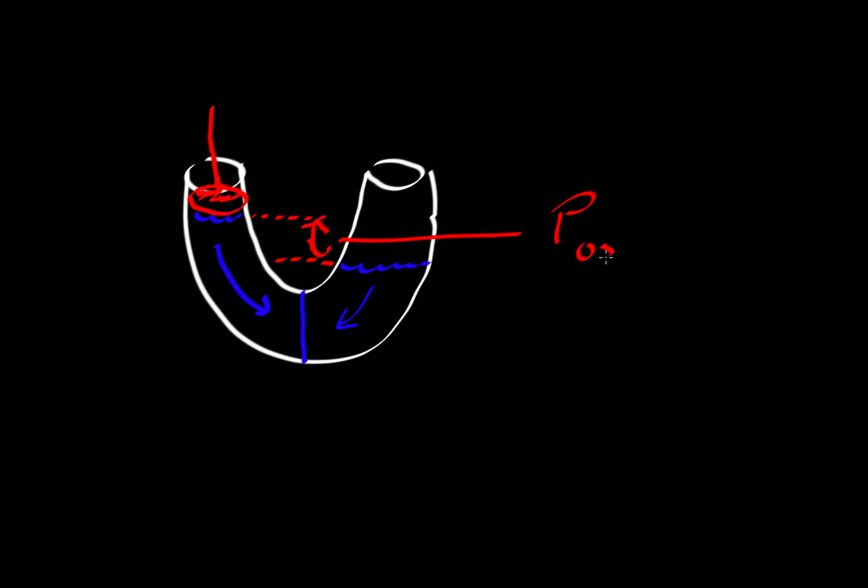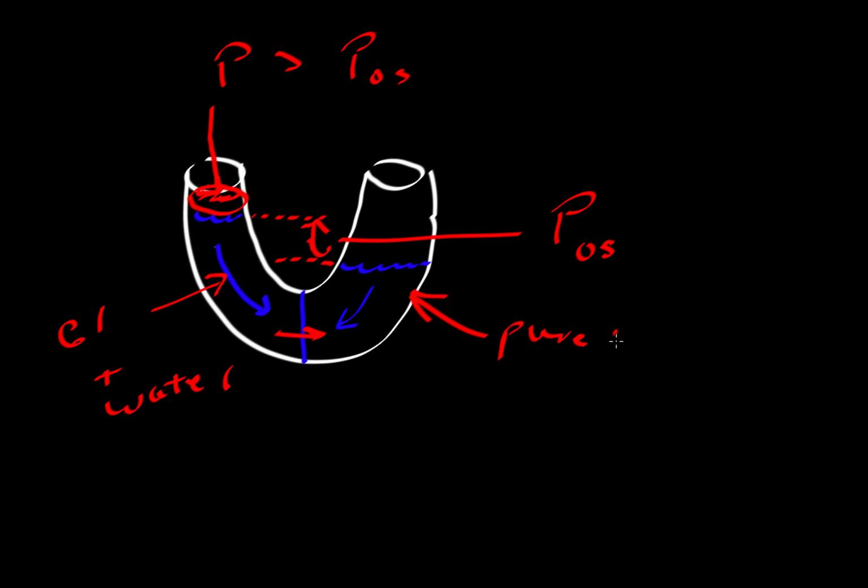So let's just call it P sub OS. Well, we can apply a pressure here that is greater than the osmotic pressure. And so what would that do? That would take water and force it back in this direction. Remember, we've got this contaminated mixture of glucose plus water, and then over here we just have pure water.